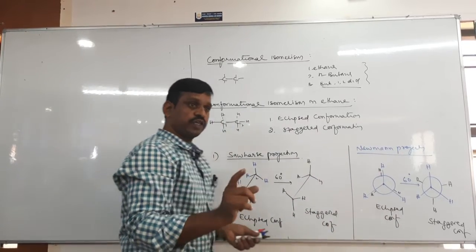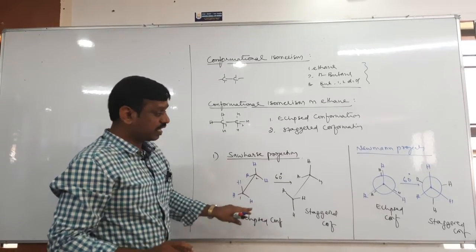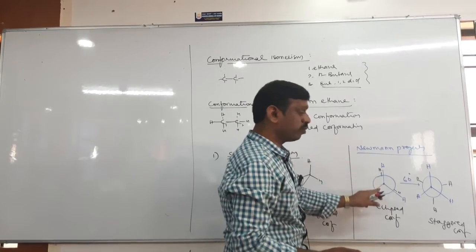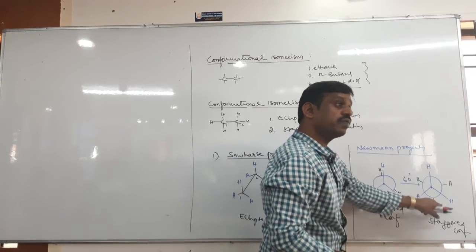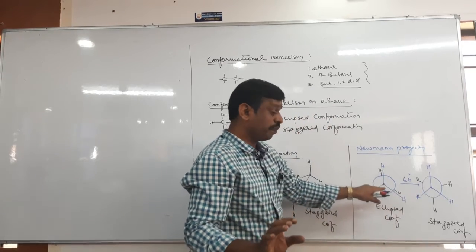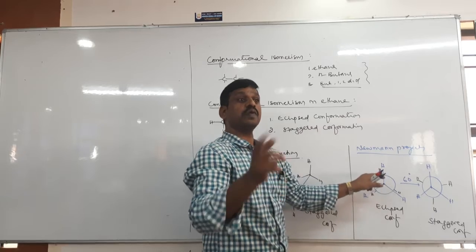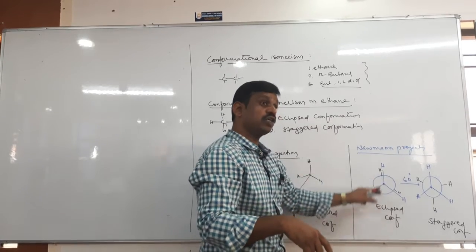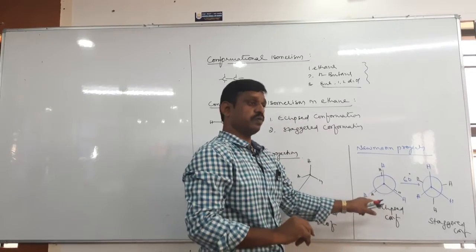Next, there are 2 points that are important. In eclipsed conformation, repulsions are maximum, so energy is more. Energy is directly proportional to repulsion. More repulsion, more energy, less stable. Energy and stability are inversely proportional.